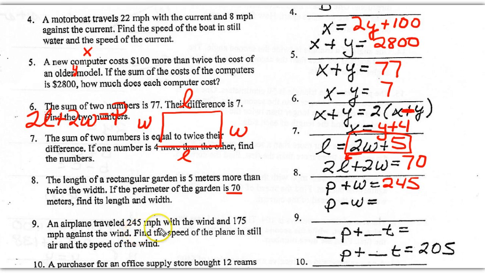And here we have the plane going against the wind. That is, the wind is kind of pushing you backwards. The rate of the plane in still air minus the speed of the wind is 175. Now for this one, again, you would just add them up because these are going to cancel out, and you get 2p equals the sum here.